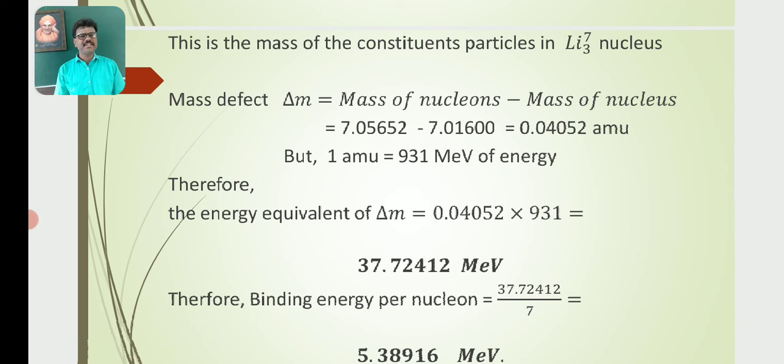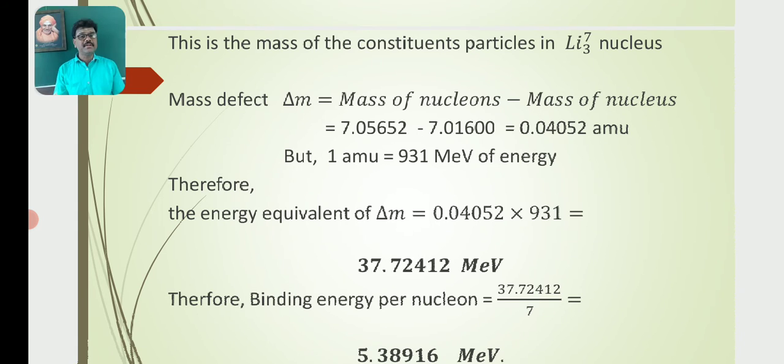Then the mass defect delta M is equal to mass of nucleons minus mass of nucleus. Then 7.05652 minus 7.01600 is equal to 0.04052 AMU. Here 0.04052 AMU is the mass defect that appeared in the lithium-37 nucleus.